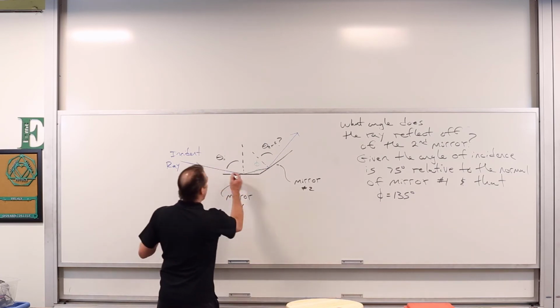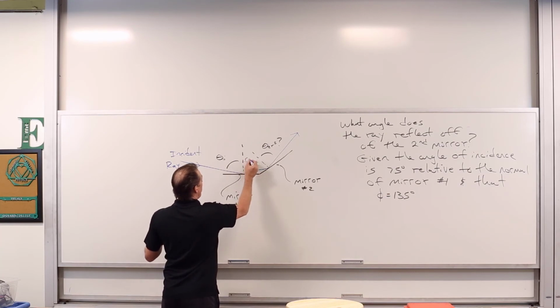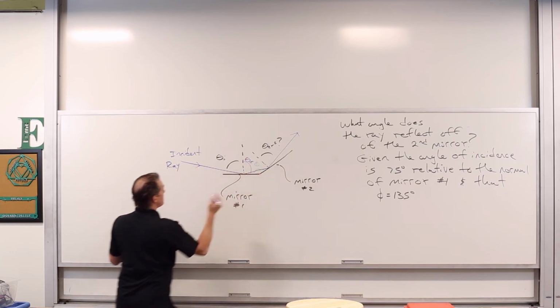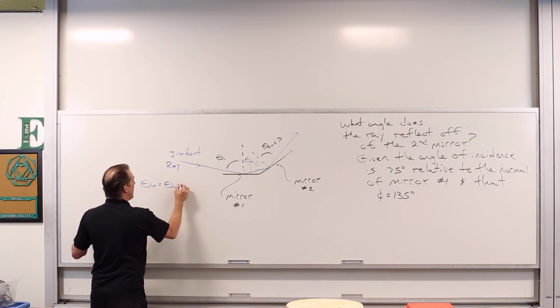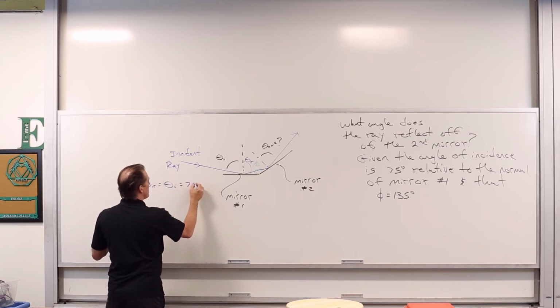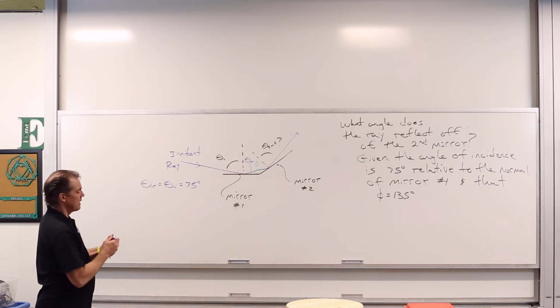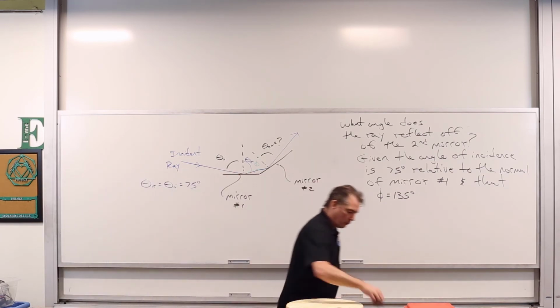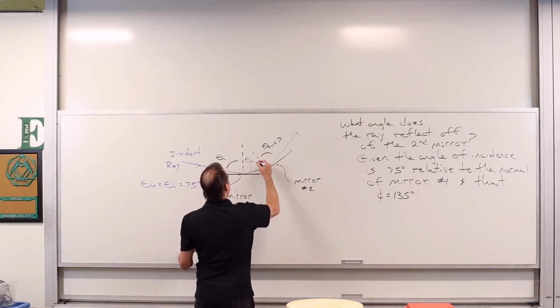So what do we have? Well, we must have equal angles about this normal right here, right? This here, theta 1R, must be equal to theta 1I, which is then equal to 75 degrees relative to that normal. Fantastic. So then we come on over and we say, well, what about this angle here?